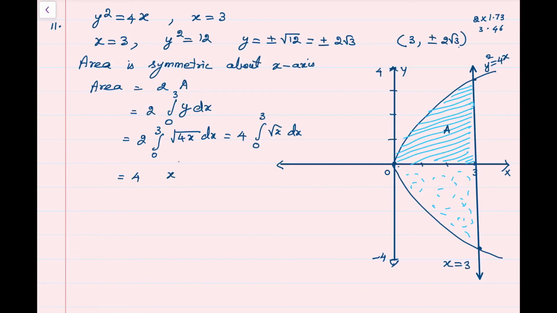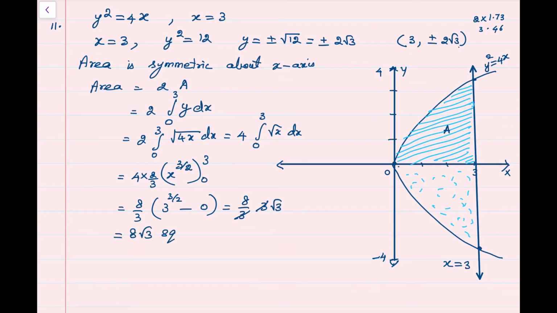X raised to half plus 1 is 3 divided by 2 times 2 by 3, and the limits are 0 to 3. 8 by 3 times upper limit minus the lower limit. 8 by 3 times root 3 cube. Root 3 cube is 3 root 3. Therefore, the answer is 8 root 3 square units.